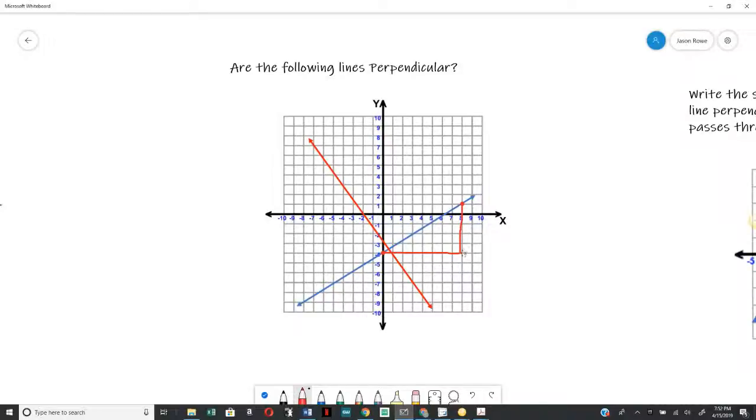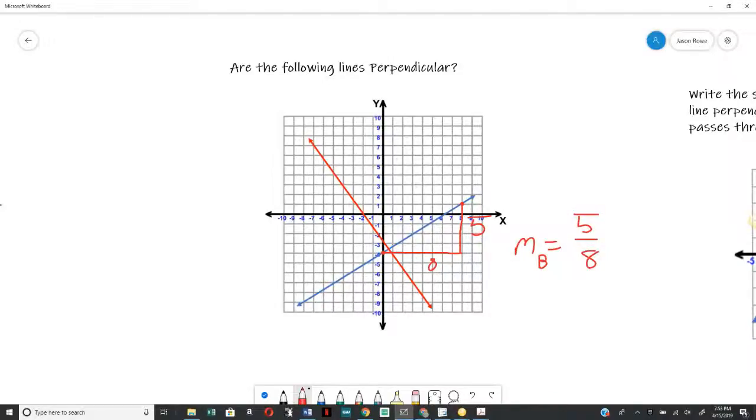And this has a rise of 1, 2, 3, 4, 5, and a run of 1, 2, 3, 4, 5, 6, 7, 8. So that means the slope of the blue line is 5/8.